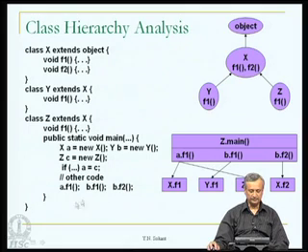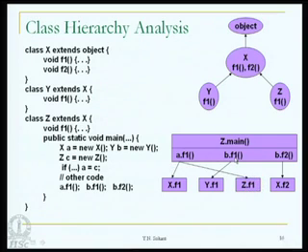Now, there are 3 calls here and let us see what they mean. So, A dot F1, B dot F1 and B dot F2. This is indicated in the form of a class graph, the calling graph here. So, Z dot main has A dot F1, B dot F1 and B dot F2. So, B dot F1 is always Y dot F1, there is no other function at all, and there is no question of B pointing to any other object either.